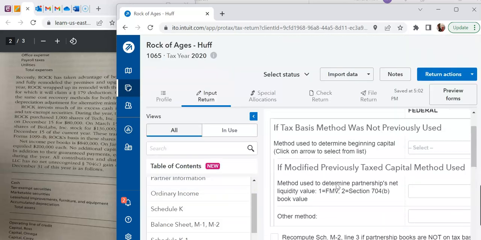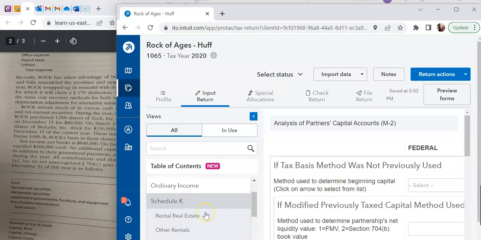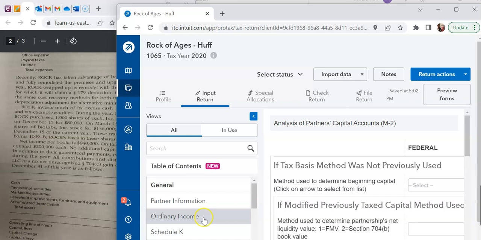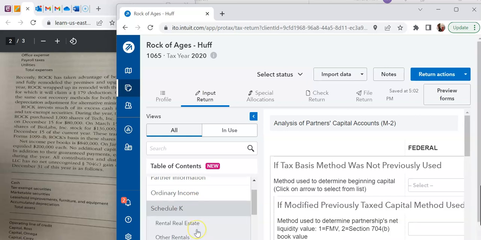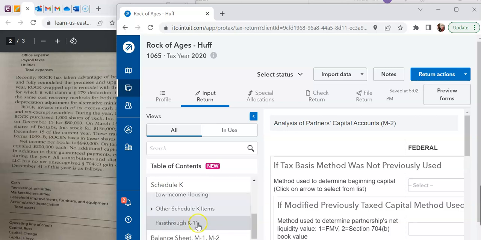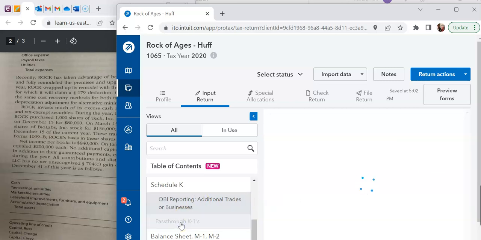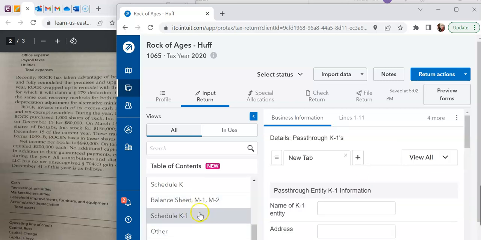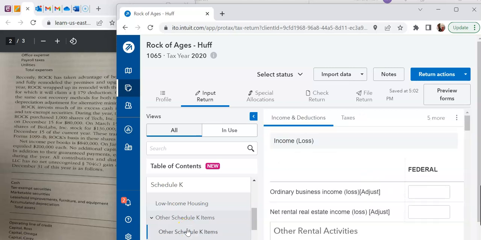And I'm going to, am I on the Schedule K? No. Schedule K. I never can figure this. Other Schedule K items. Pass-throughs. Why isn't it changing? That's not what I need. Other Schedule K items.